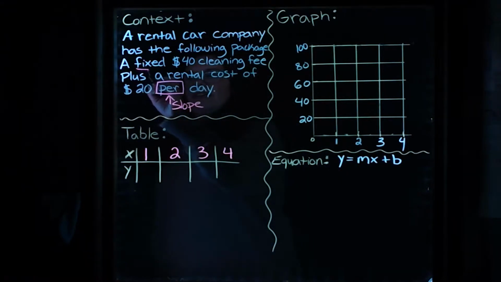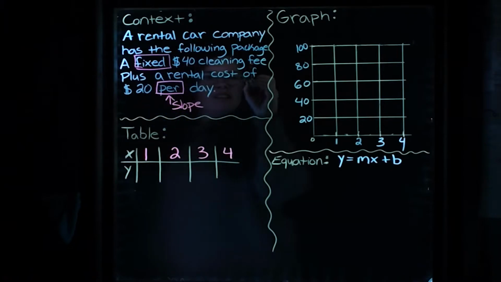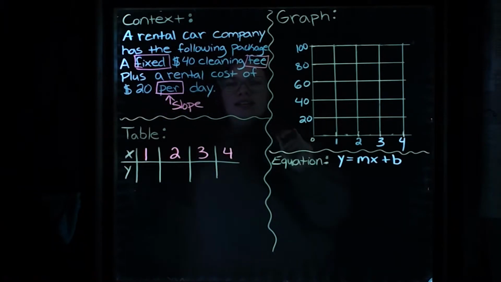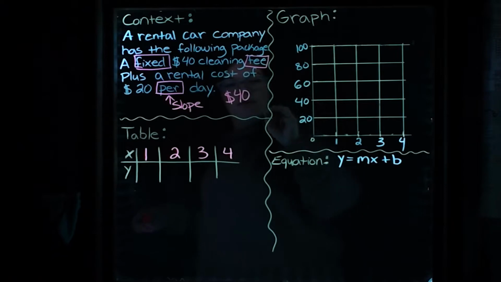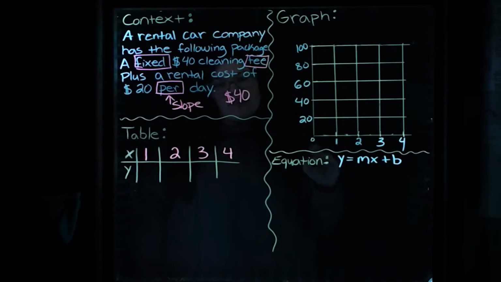I also know something that's fixed, and the word "fee" tells me that's what I'm starting with. In my context, my $40 is what I'm going to be charged no matter what.